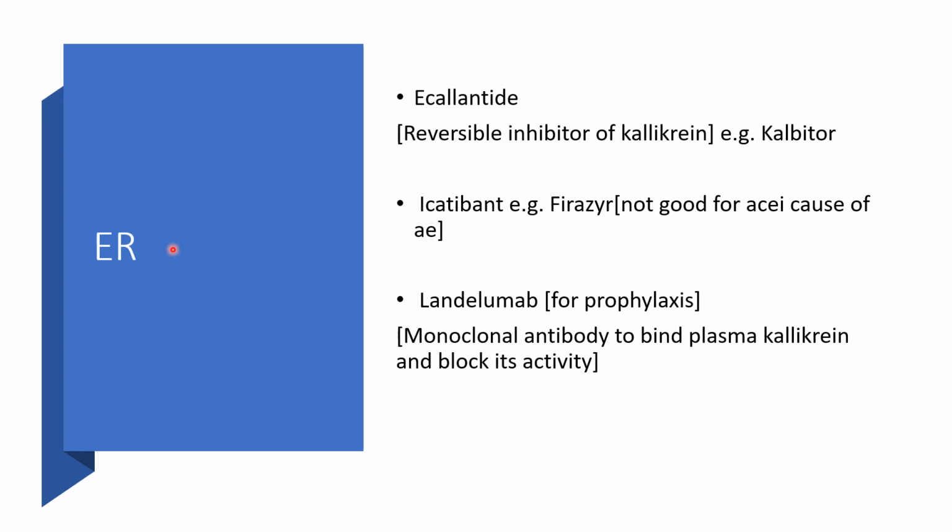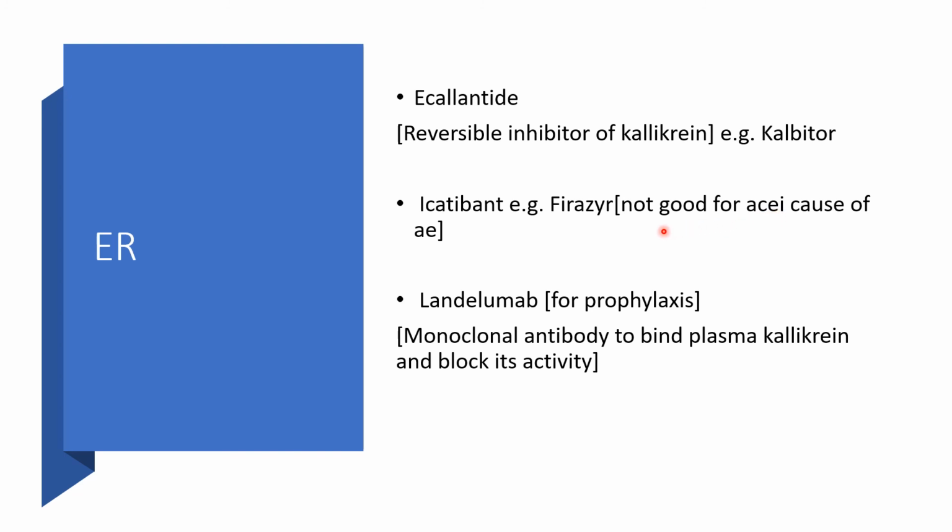Still in the emergency room, you can make use of a kallikrein inhibitor. That is a reversible inhibitor of kallikrein. Example is the trade name here. And icatibant, and for example, the trade name is there, but this is not good for ACE inhibitor-induced angioedema. It's not.